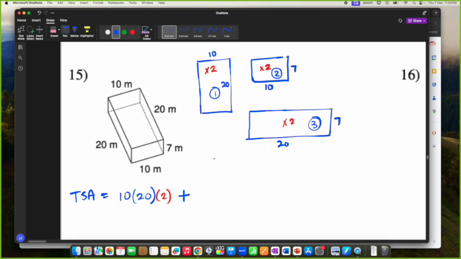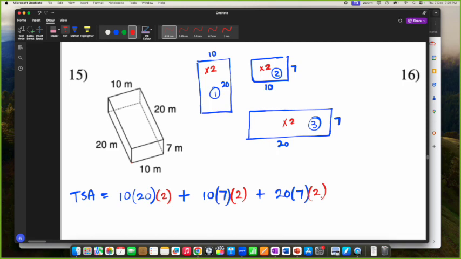Then I have the area of number 2, which is 10 times 7, and I'll also multiply that by 2 because it's also 2 shapes. Then I have the area of this one, which is 20 times 7, and I'll also multiply that by 2 because it's 2 shapes. So you see what's going on here?